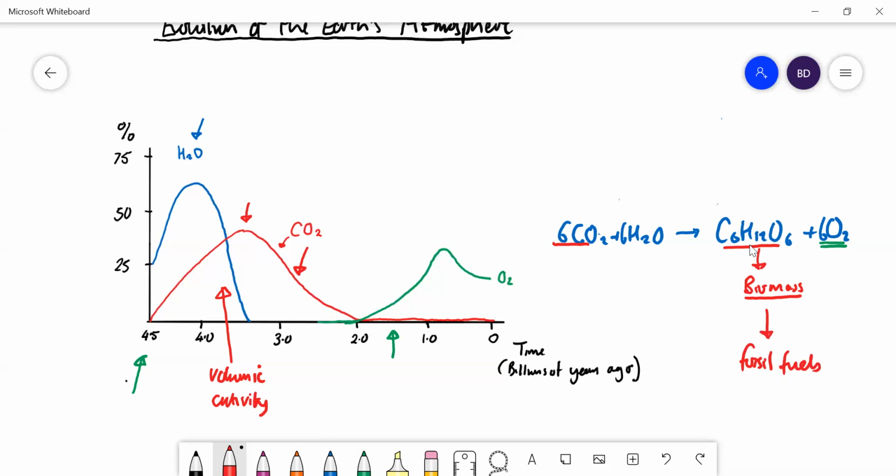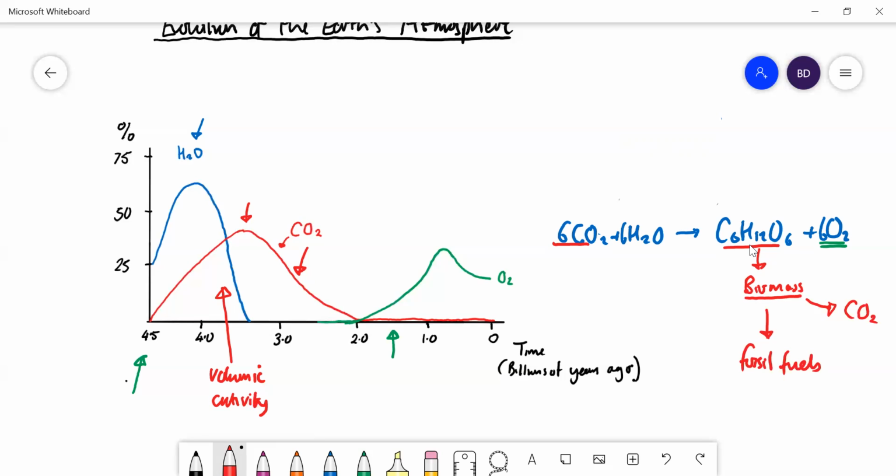But a lot of it wouldn't have done. You get the carbon cycle, where a living organism dies and decomposes. Decomposing organisms will turn that biomass back into carbon dioxide. But undoubtedly some of it was trapped as fossil fuels, as we know, because we still dig up fossil fuels and use them now.